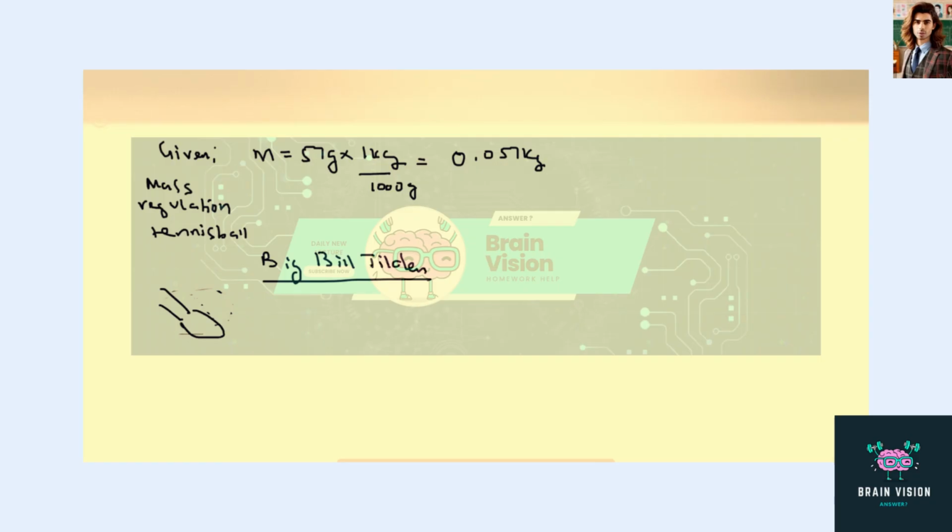So the initial velocity of the ball is 0 meters per second. When the tennis ball makes contact, this is before contact, and then we also have after contact.